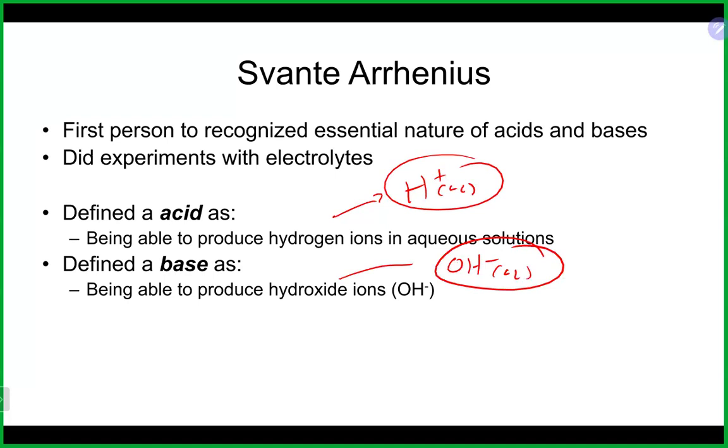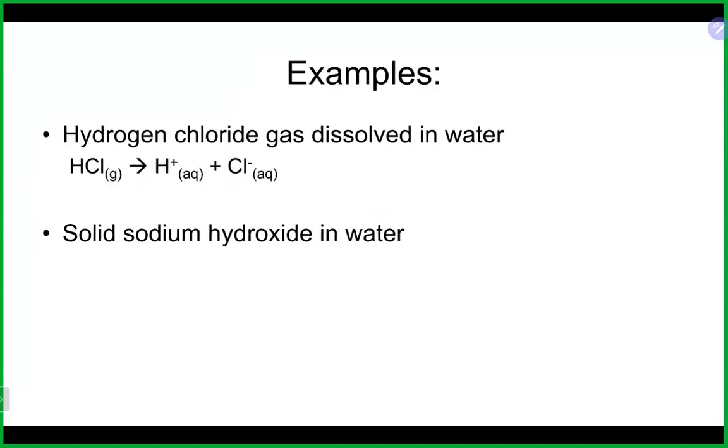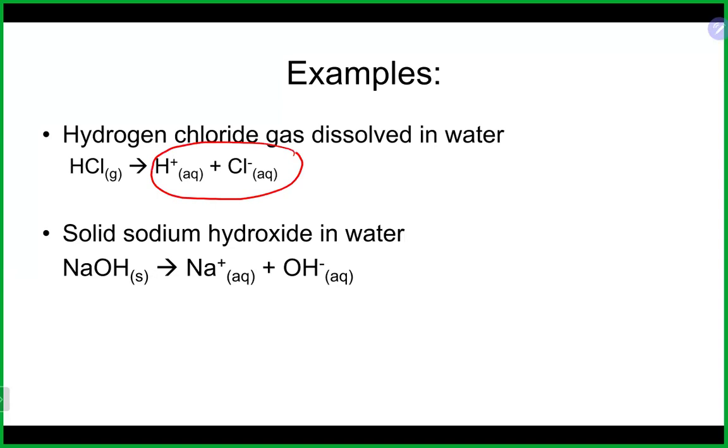Again, that is really your definition of an acid and base: is it able to release that H plus into the solution, or is it able to release that OH minus into the solution, which will make it either the acid or the base. And some examples here: if you take hydrogen chloride gas and you bubble it through water, you basically get hydrochloric acid. And that again is why we have the aqueous version there.